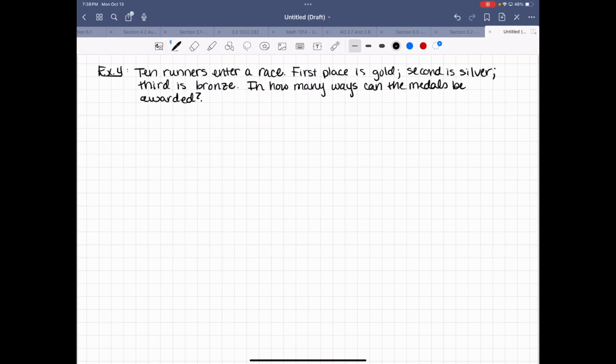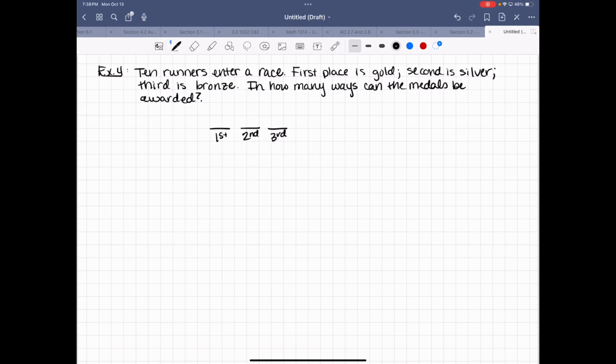Okay, well, guys, there's 10 folks running, and we only have 3 places. We've gone from elementary little field day where everybody wins something to now we're doing track in high school where we're only going to give 3 places away. Usually we have more than 10 people because we got more than 1 heat.